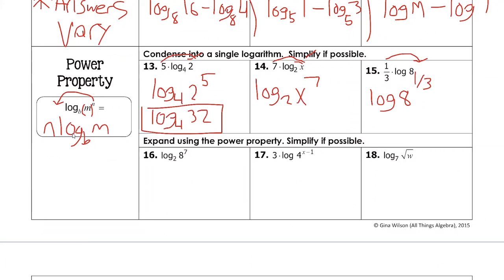Remember, the 1/3 power is really like a cube root. So the cube root of 8 would be 2. Remember, that's your power on top, that's your root on the bottom. Like a 1/2 power is a square root. A 1/3 power is a cube root. 1/4 power would be a 4th root. If that makes sense.